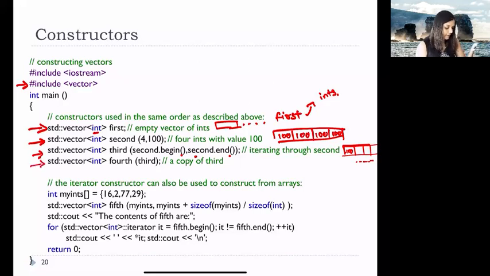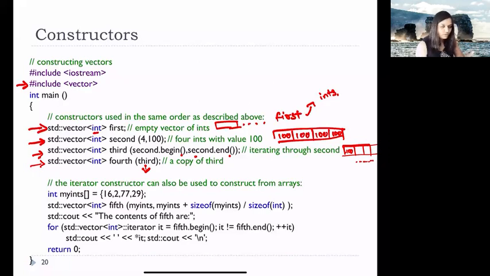Then the fourth statement over here will initialize the fourth vector, and here we are using copy from your third vector. So when you just have one single argument, and this argument is not a size but rather some other vector, that means it's going to copy.